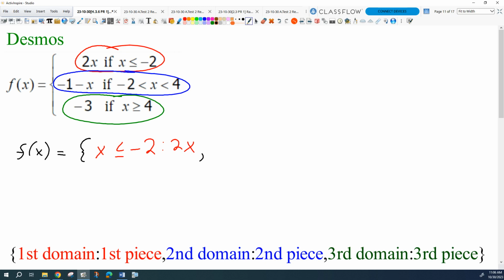Okay. Yeah, and the nice thing about Desmos is we can write this compound inequality out so it looks exactly like that. That's convenient. So -2 less than x less than 4. What comes next? Colon. And then what? There you go. -1 minus x. Now what? Comma. Good. To separate.